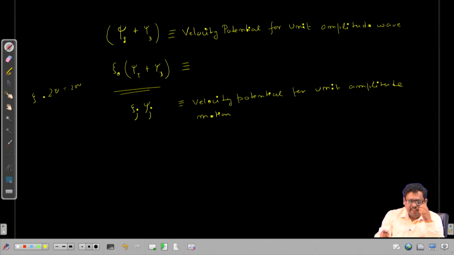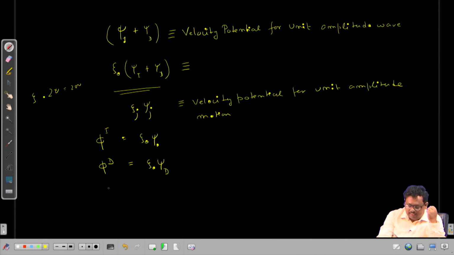So, I can write my phi I is nothing but xi 0 into psi 0, where psi 0 is the velocity potential for unit amplitude wave. Similarly, my phi d is nothing but xi 0 into psi d, where psi d is the diffracted potential for the unit amplitude wave.